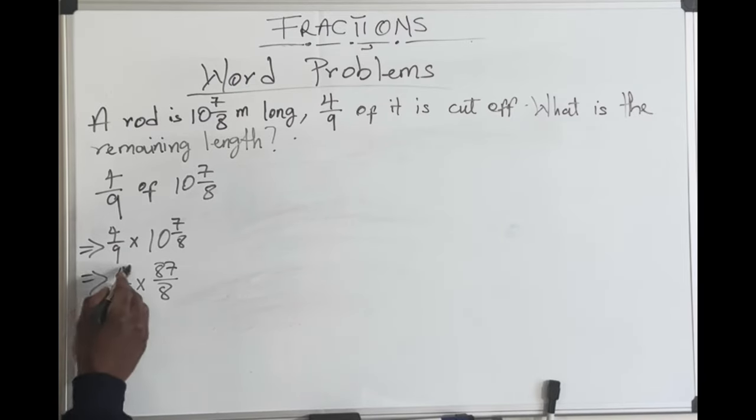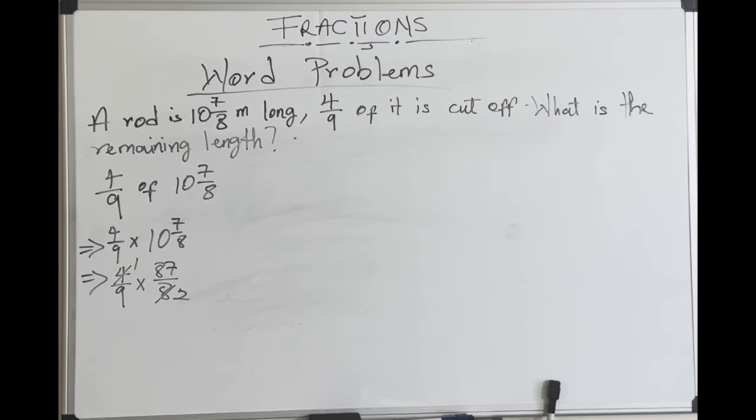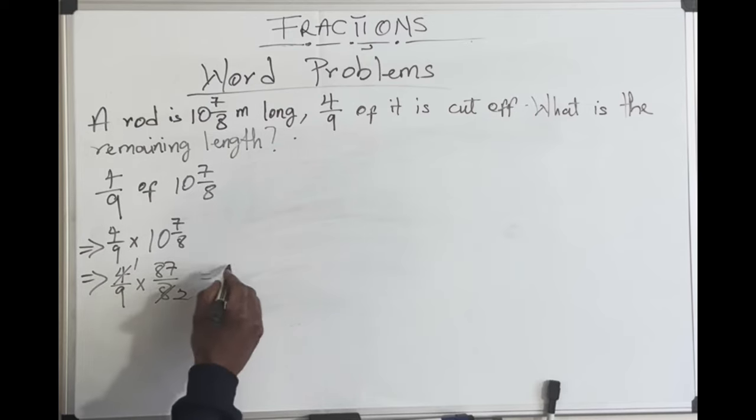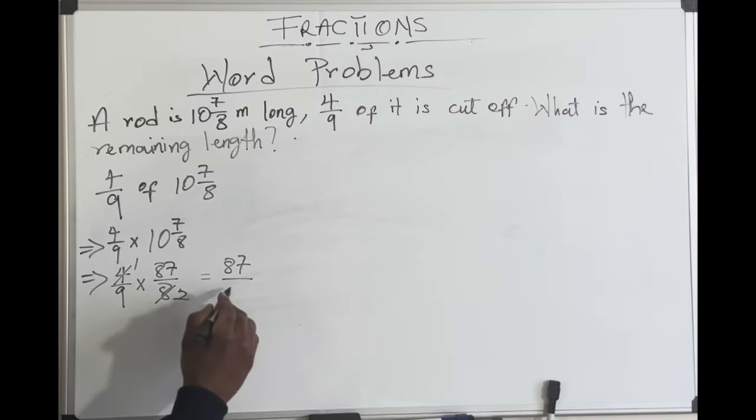Then we see 4 goes here, 1 goes here, 2. Let's get a calculator and see if we can cancel 9 and 87. So 87 divided by 9, and we get a decimal number. So 87 over 9 times 2 is 18.